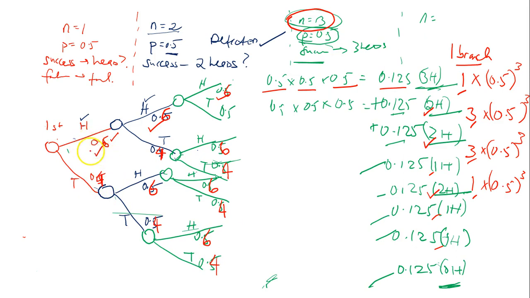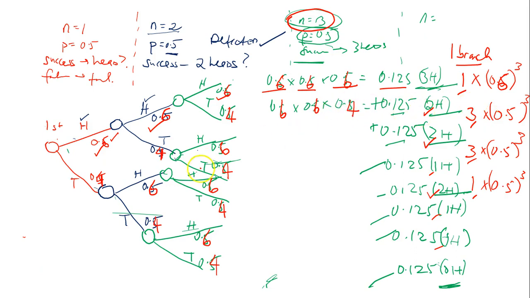This is, for example, an unfair coin. What I would have had here would be 0.6 times 0.6 times 0.6. So it will still be the 1 branch times 0.6 raised to the power 3. Well, for my 2 head branches, what I would really have would be 0.6 times 0.6 times 0.4.